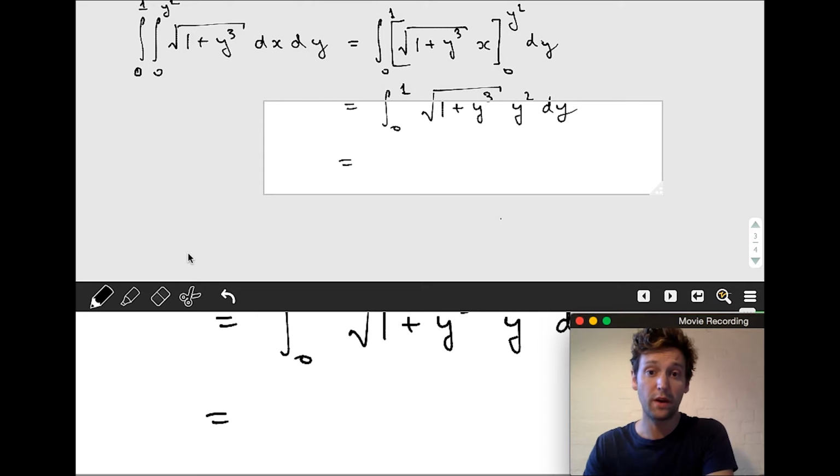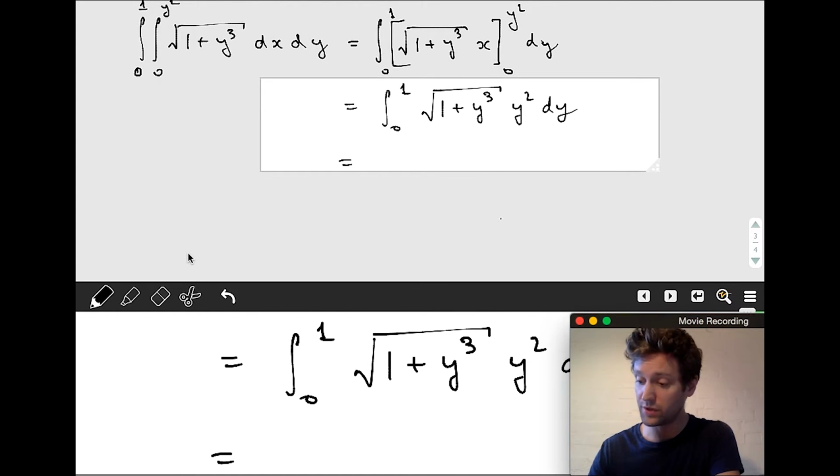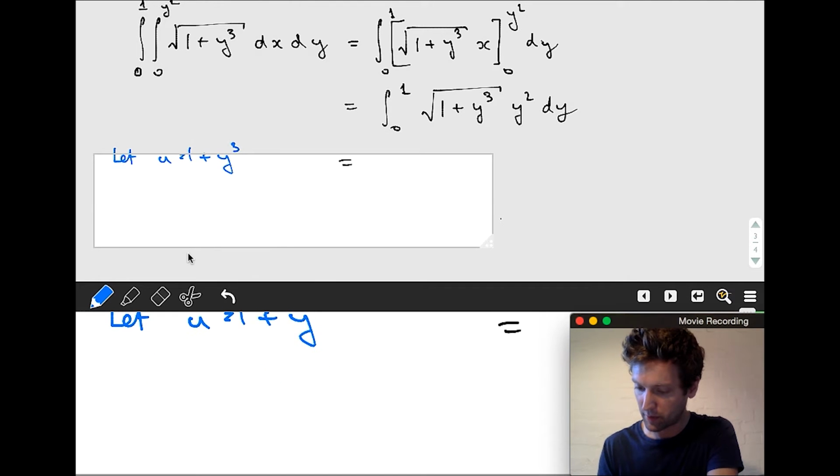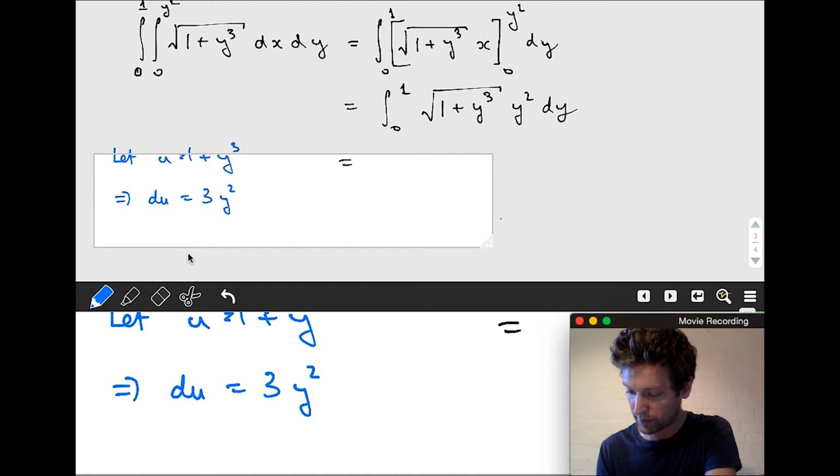So we're going to solve this by substitution, and our substitution variable is going to be the thing inside the square root sign there. It's going to be 1 plus y cubed. So let's set u equal to 1 plus y cubed, which implies that du is equal to 3y squared dy.